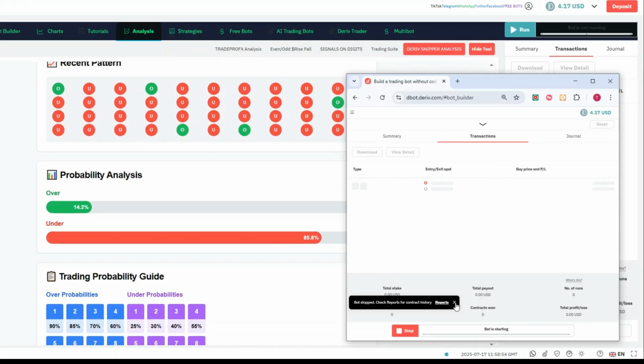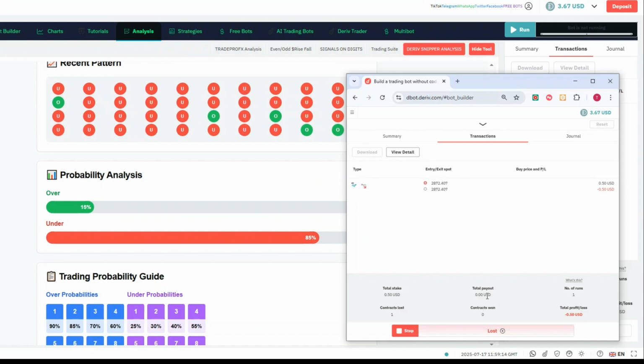So I'll just go to the transactions page. Okay, let me run. You can see it's good. So that's the first trade. Let's see, 86, and then stay looking at this point. So you can see the first one is a loss because of this over.